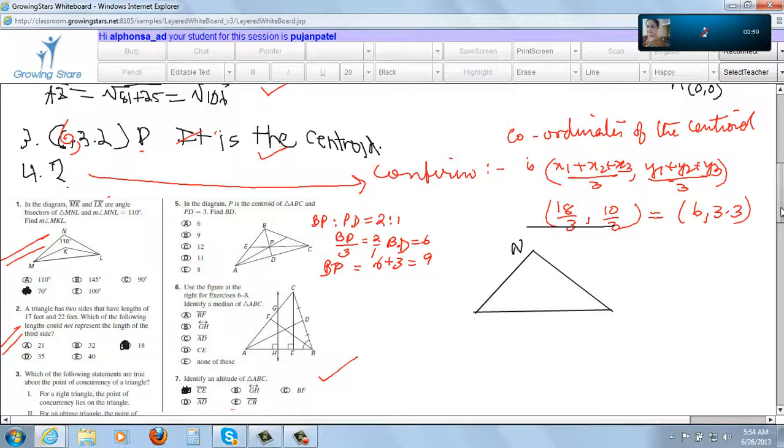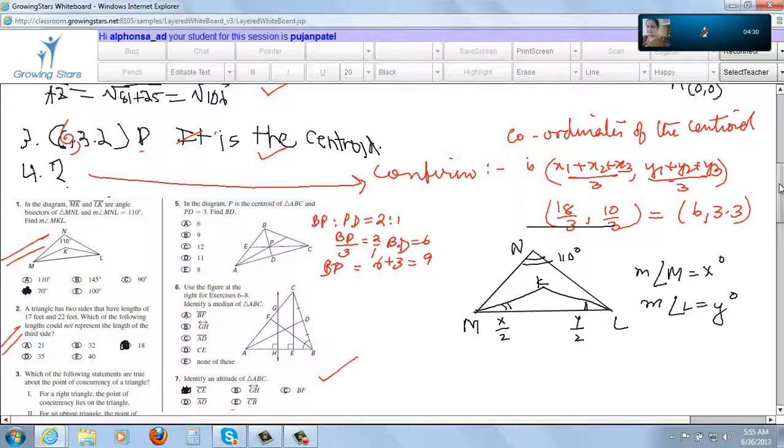We have N, we have M, L, and these are the angle bisectors. Okay, and this is 110. Now suppose the measure of angle M you keep as x degrees, and the measure of angle L you keep as y degrees. Since MK and LK are bisectors, the angle over here is going to be x over 2, and this is going to be y over 2.